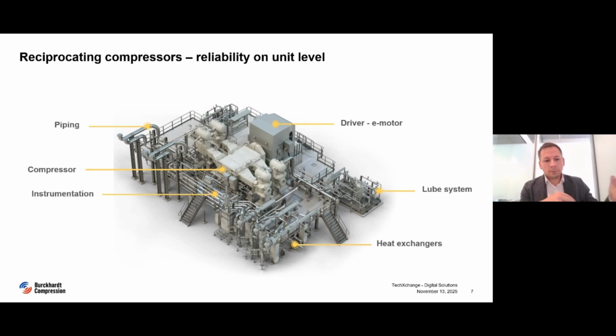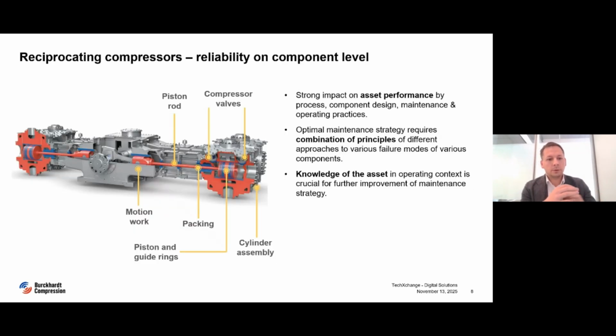When we go one step down, on the level of a compressor, the same scalable approach basically applies. A reciprocating compressor is a combination of components, and these components perform different functions. They can be classified in several different ways. One can differentiate between those components which are in contact with the compressed media, so-called gas-wetted components.